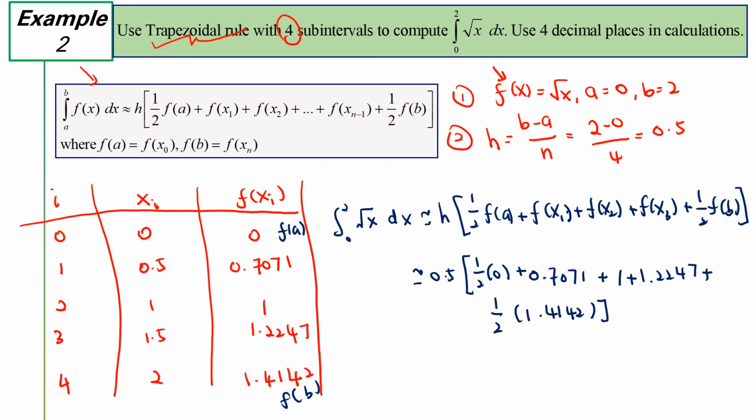Calculating with your calculator, you will get 1.8195. So this is the step using the trapezoidal rule.